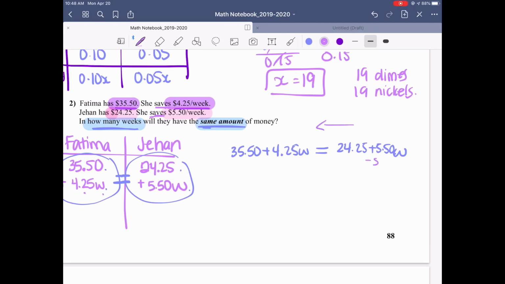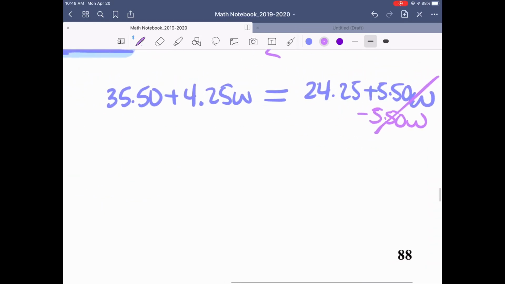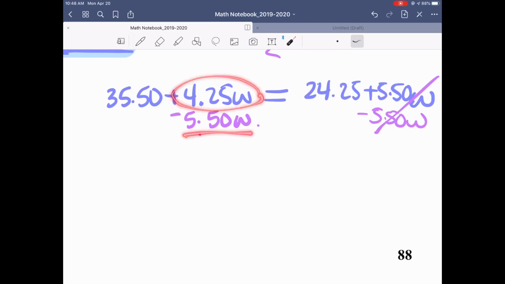So I'm going to minus 5.5 to cancel it out here. And what I do to one side, I do to the other. Now, I want to remind you guys that you can only subtract like terms. So that's why I'm putting the 5.5 here under the 4.25W, because these are what are being subtracted.